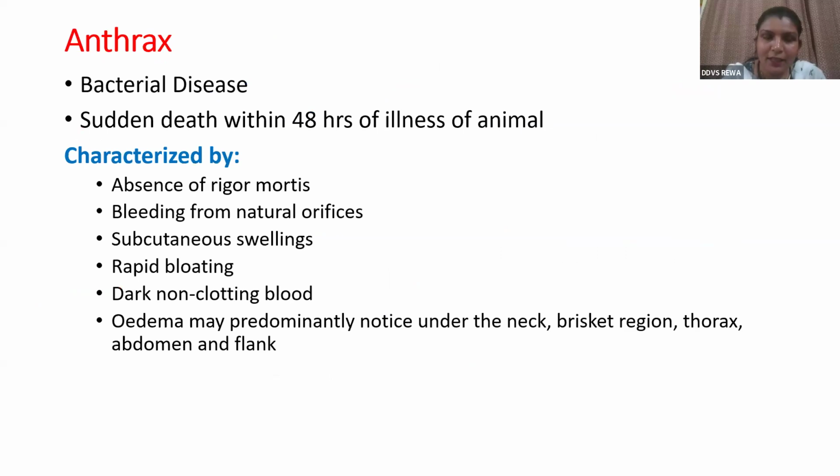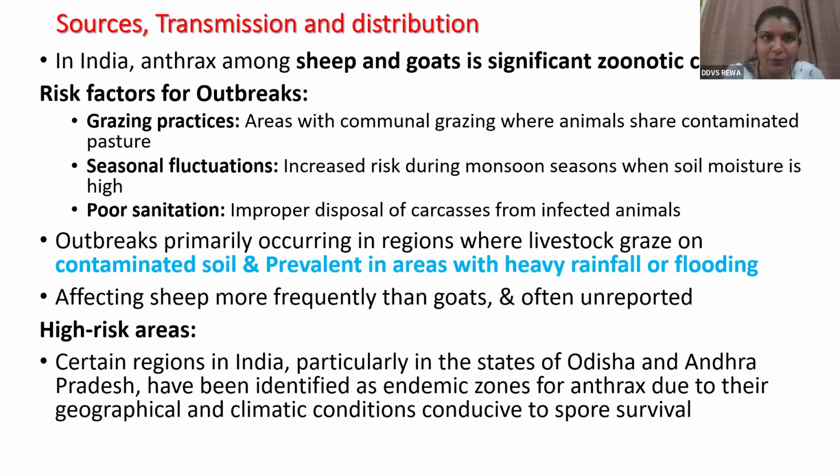Another disease is anthrax, which has a clear-cut clinical manifestation, so it is not very difficult to identify, but I have included this disease as it has a peculiar source of infection. This disease occurs particularly in situations where animals are allowed to graze on contaminated pasture, particularly pasture or contaminated soil where there is heavy rainfall or flooding.